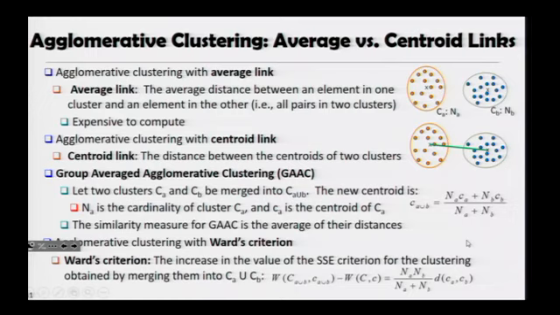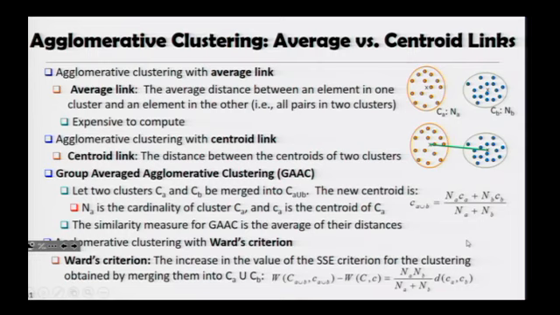Because you need to do this pairwise computation, it's very expensive. On the other hand, the central link just computes the distance between the centers of the two clusters. This can be done more efficiently, because you first figure out the center within each cluster, and that doesn't require computing all the pairwise possibilities. So this is a more efficient way.